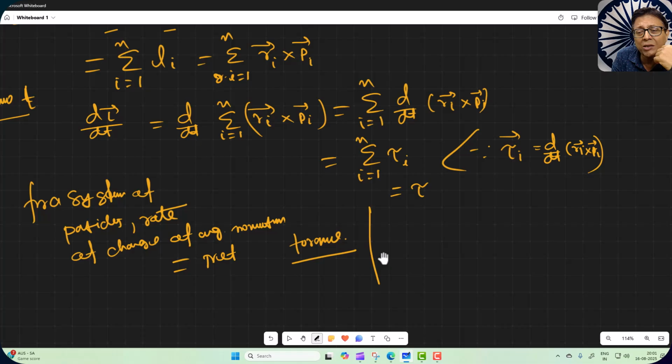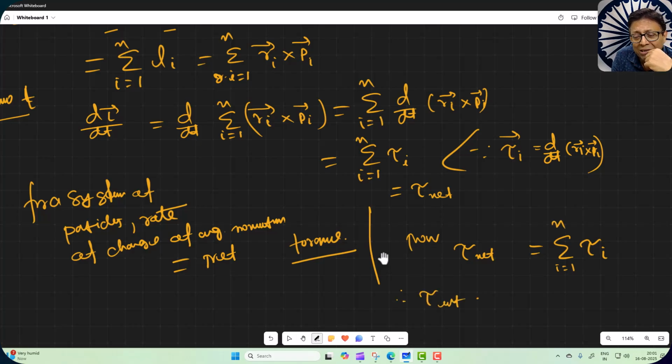We denote this one by tau net. Now tau net is equal to sigma tau i, i equal to 1 to n. Tau net, this is also a vector quantity, all are vector quantities, please remember that.